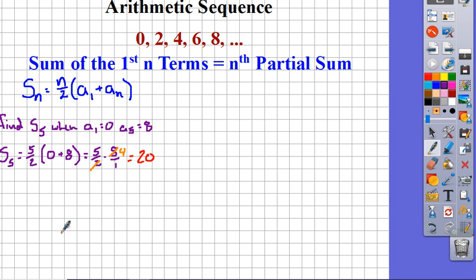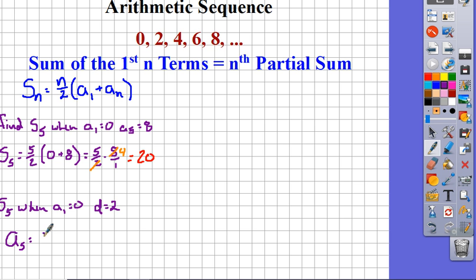Now, sometimes we're going to ask you to do the same thing, find S sub 5, when you know the first term, a sub 1 equals 0, but we don't tell you the last term. We tell you the common difference instead is 2. So in this case, we have to go back to what we had previously learned, and find the nth term, or in this case, since we're looking for the fifth term, a sub 5.